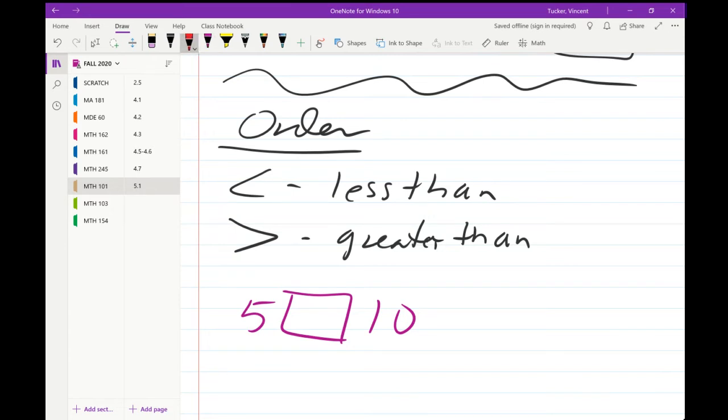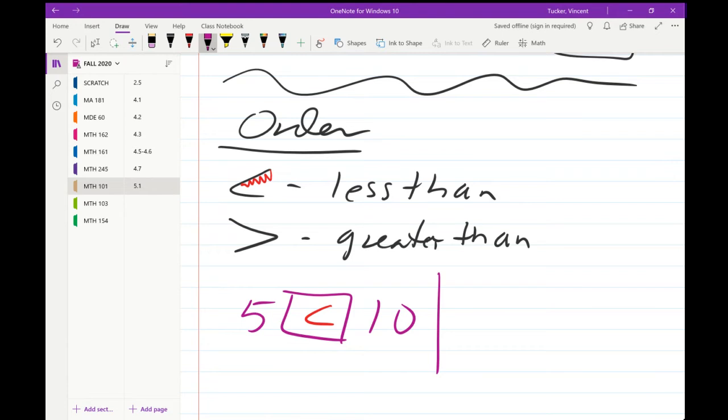So it's just up to you to figure out which number is greater, and then just know the mouth will be open to the greater of the two. I remember my elementary school teacher used to put teeth on the alligator or the shark. The symbol always wants to eat the bigger piece. So I have 5 and 10. I know 10 is greater, so I will have the mouth open towards the greater number. And so that will read 5 is less than 10.